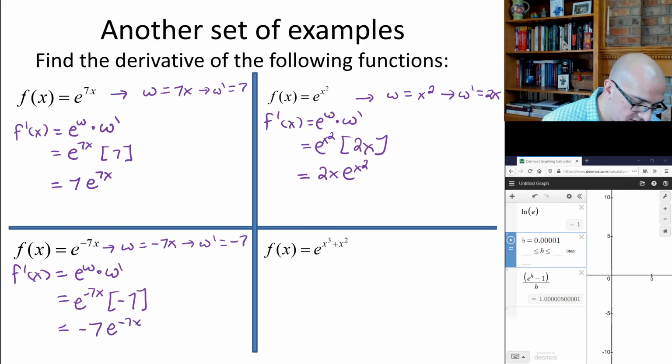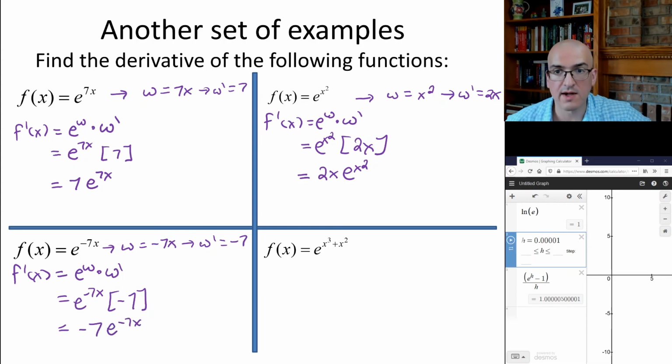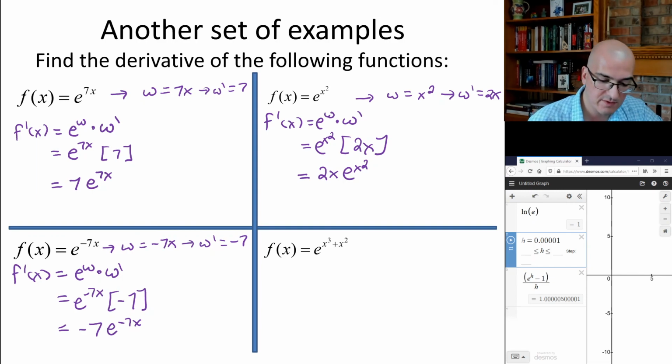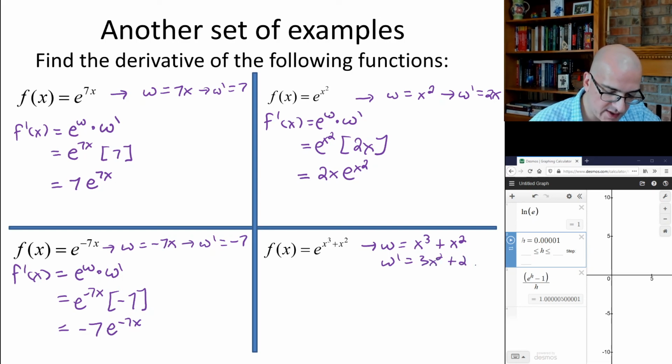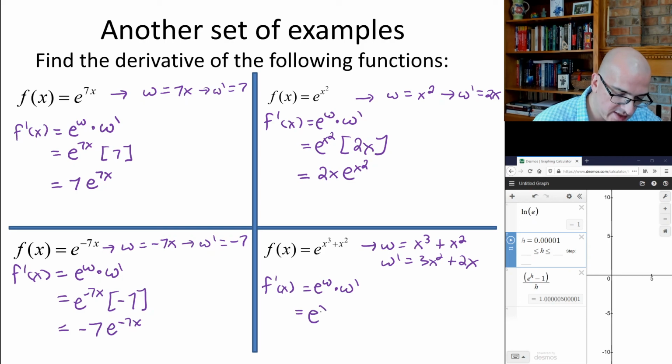Now the last one, our w function up in the power contains two pieces, x cubed plus x squared, but nothing about the rule changes. w prime is 3x squared plus 2x. Our derivative law is the same. Derivative of e to the w is e to the w times w prime, which is going to be e to the x cubed plus x squared times 3x squared plus 2x.